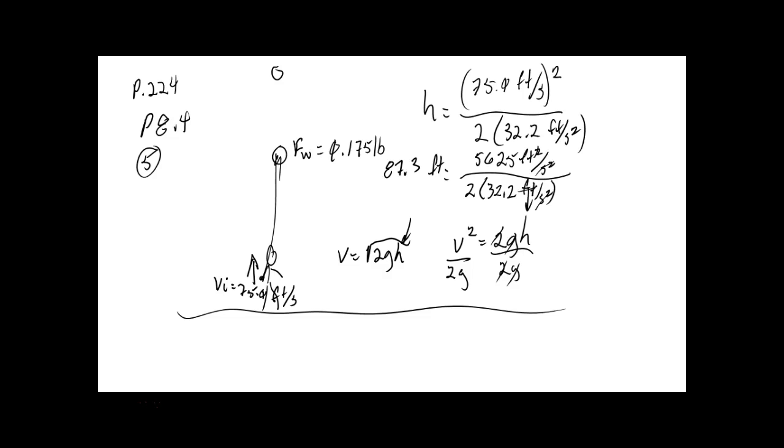If you threw this ball up into the air with an initial velocity of 75 feet per second, that's a pretty hard throw. Throwing it up there, as it goes up, it's decreasing speed because the acceleration due to gravity is downward. So it's going to slow down, because every second it loses a velocity of 32.2 feet per second.